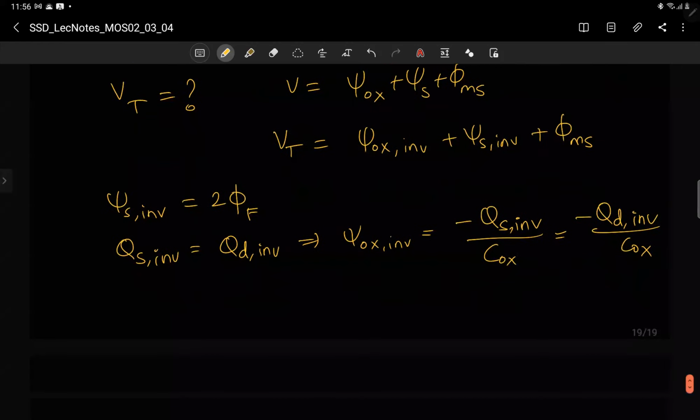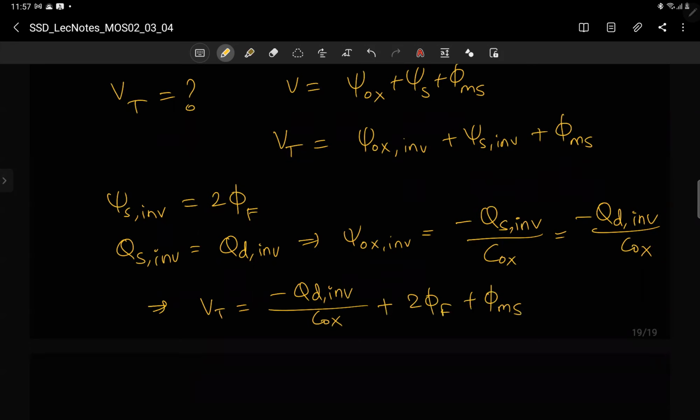So this has not changed. So I have VT as minus QD inversion by Cox plus psi s inversion, which is 2 phi f, plus phi ms. That's just this phi ms getting added. That's all, nothing else.